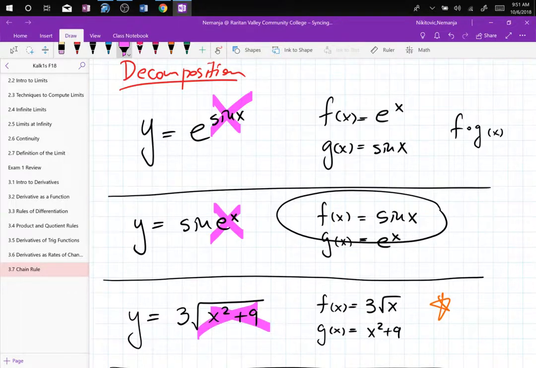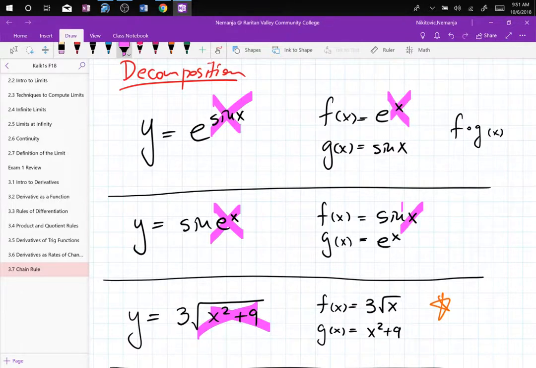Those are all x's. So you have your e to the x, which is e to the x, sine of x, which is sine of x, and root of x, which is root of x. Perfect?